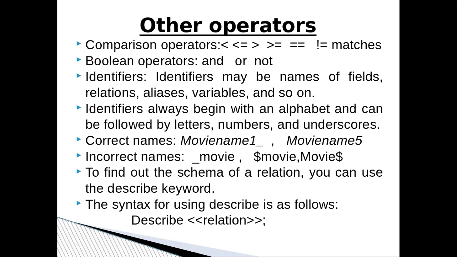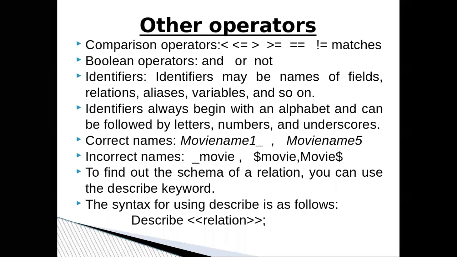And then like in any other language, identifiers, you see, they are the names of the fields, relations, aliases, variables, and so on. So if you need to name your relations, your functions, your variables, you collectively call it an identifier.